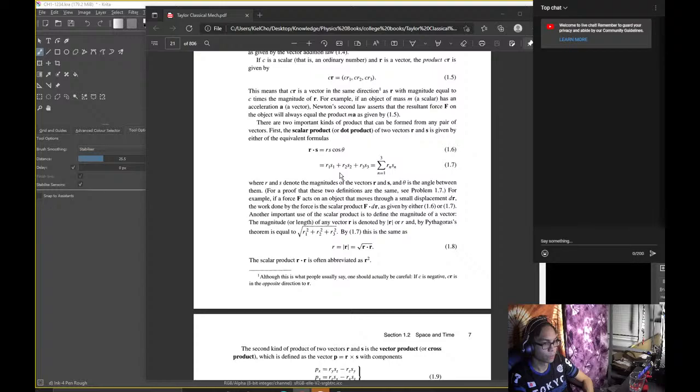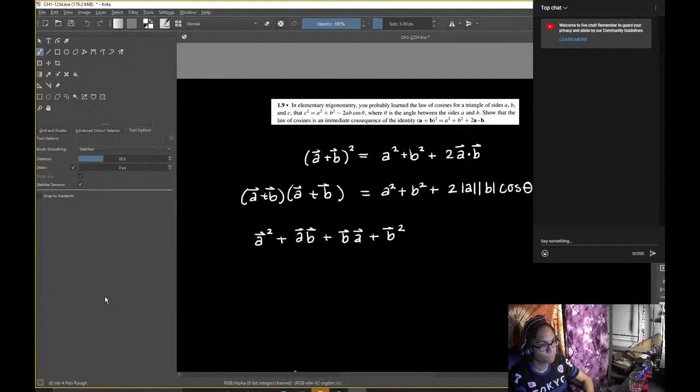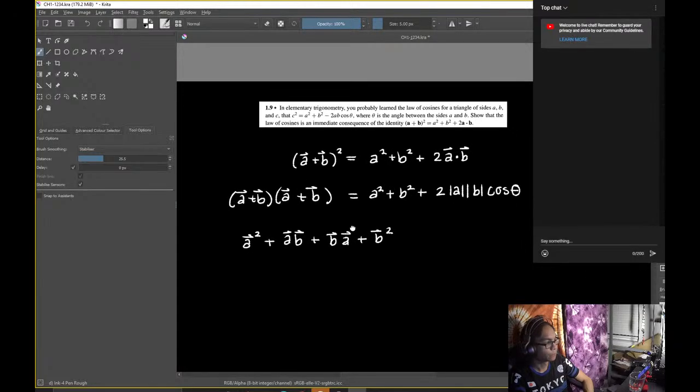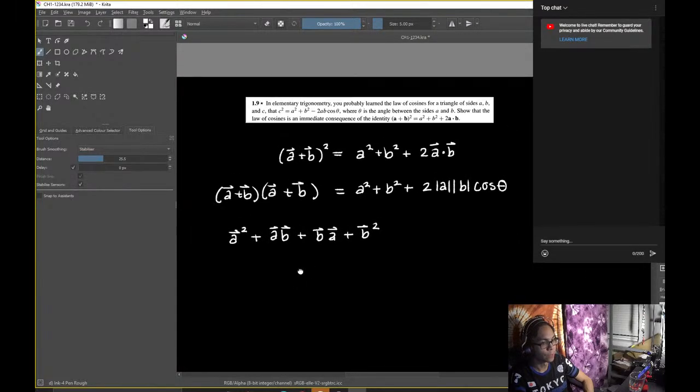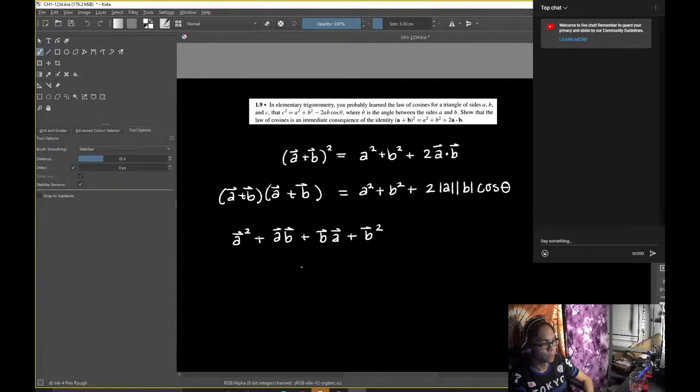Scalar product to be R squared. Okay. C squared. Need to figure this out.